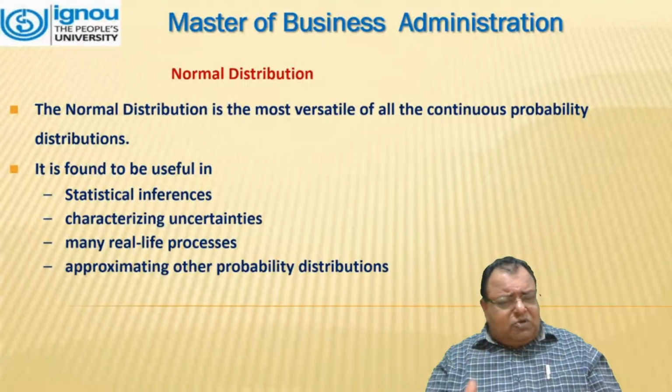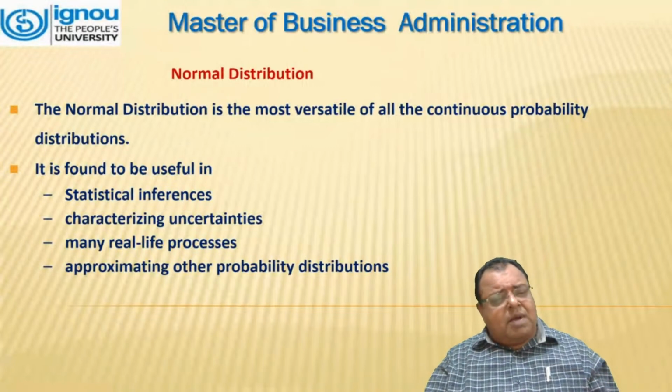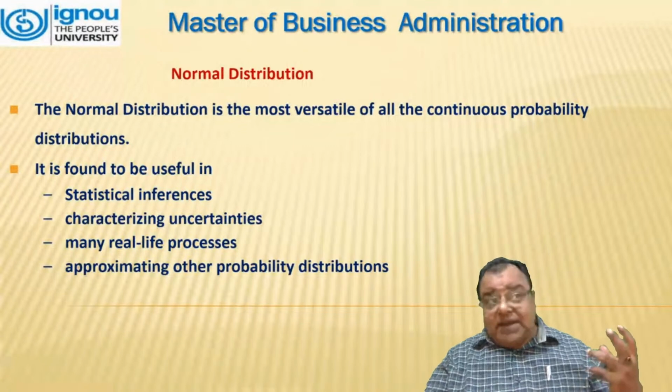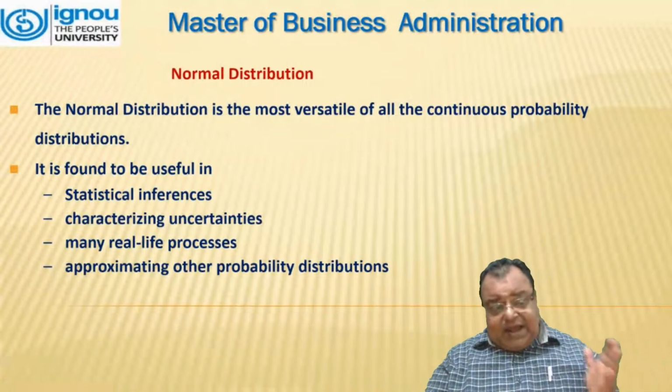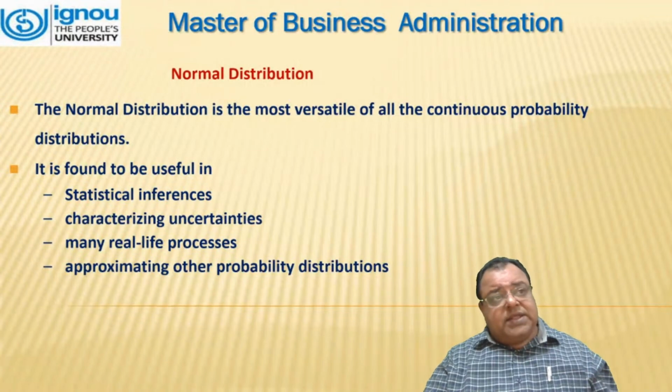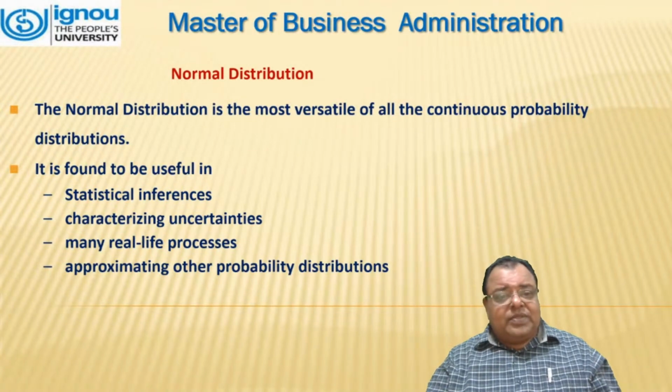Normal distribution is the most versatile of all the continuous probability distributions. It is found useful in statistical inferences, characterizing uncertainties, many real-life processes, and approximating other probability distribution.